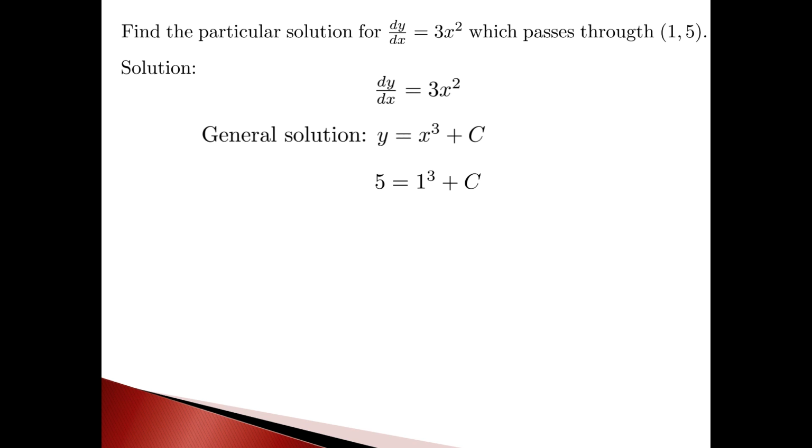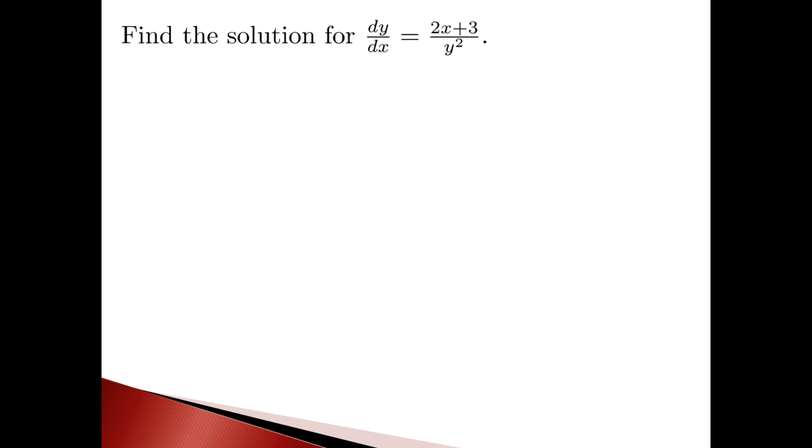So I can plug 1 in for x and 5 in for y, do a little bit of algebra, and get that c has to be 4. So this is a particular solution, x cubed plus 4, because they gave us some more information and we were able to narrow ourselves down from having infinitely many solutions, where any number c would give us a solution, to this one particular one. Here's a slightly more complicated one.